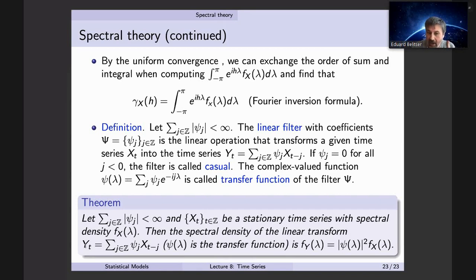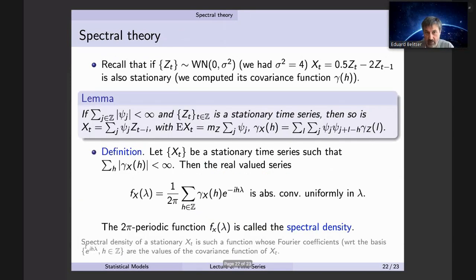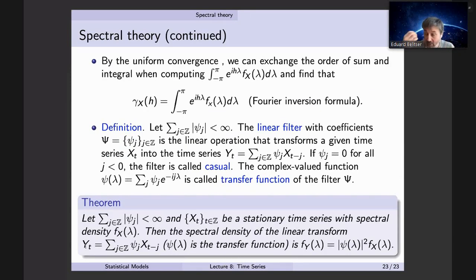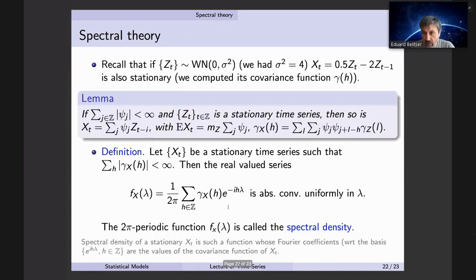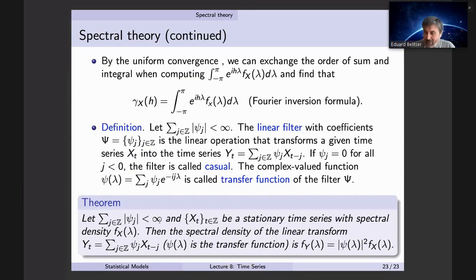That one is also going to be stationary, we know that already by this lemma, and it also has a certain covariance function, given by that formula. But we cannot use that formula. Instead, we can very easily compute its spectral density, which is as good as a covariance function. How can it be done? This is the formula. This is, again, the bread and butter of engineers.